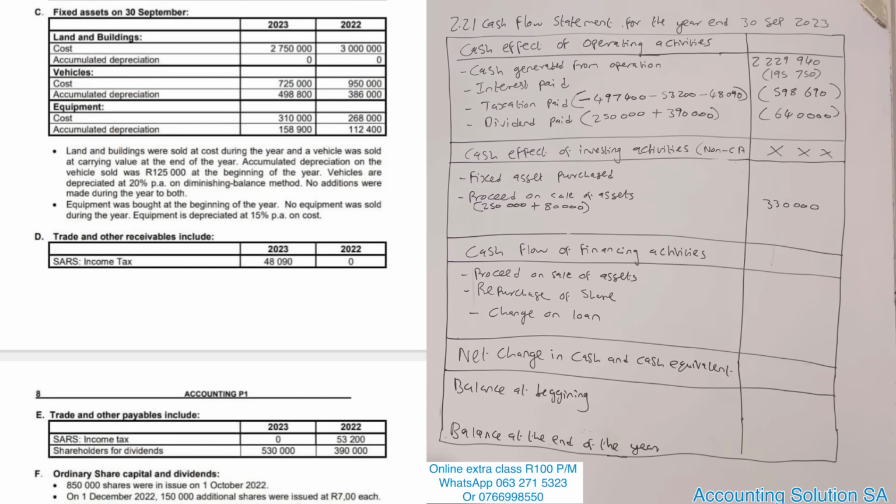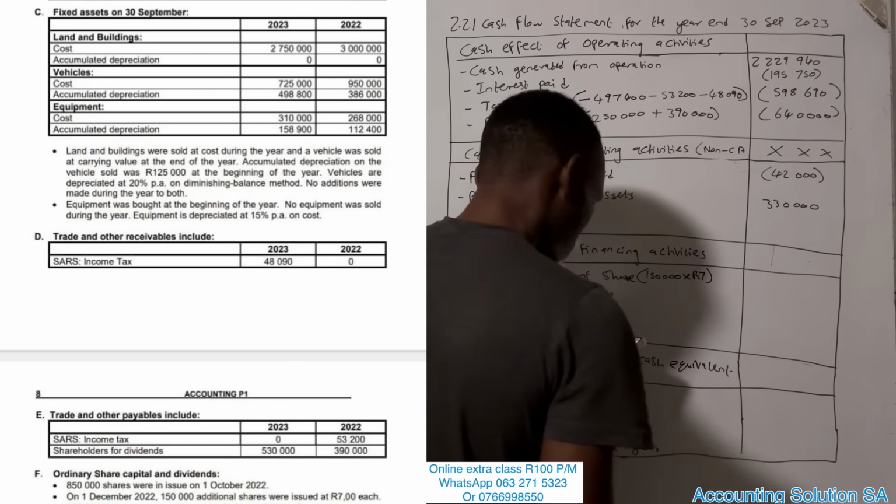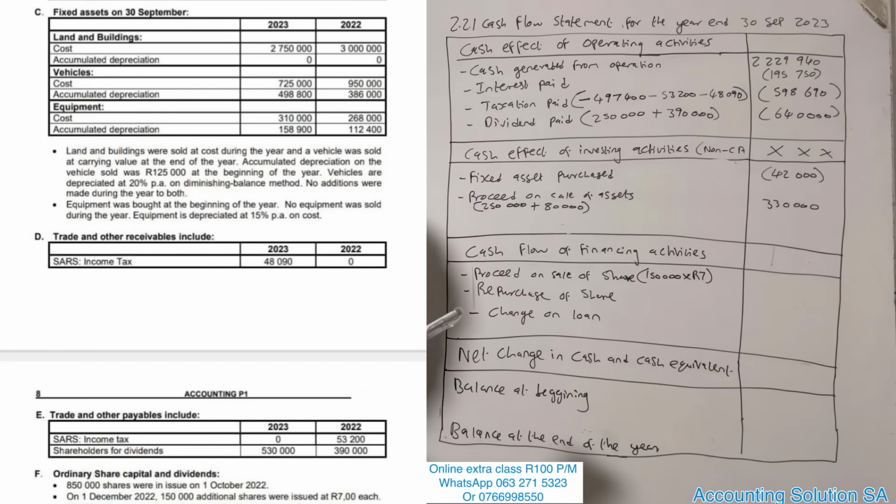Number F, guys, they said 150 share were sold at 7 rand, which means that it's 150,000 multiplied by 7 rand, which is going to give us how much? Let me quickly check. 1,050,000.